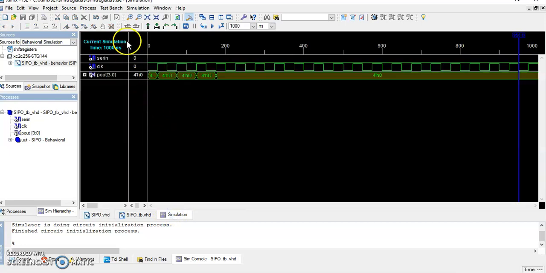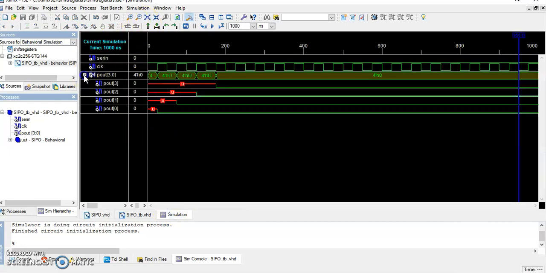So what happens is, I made my serial input data equal to 0, and every 25 nanoseconds the clock is on and off. But at every rising edge of the clock there must be a change at my output. First, my input is equal to 0, and it is serial in parallel out.